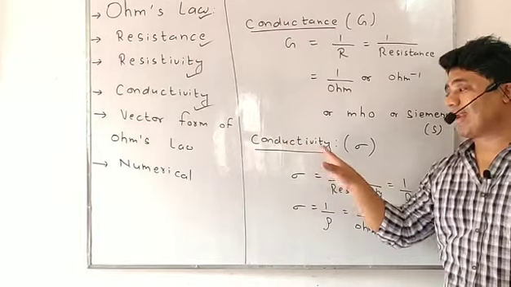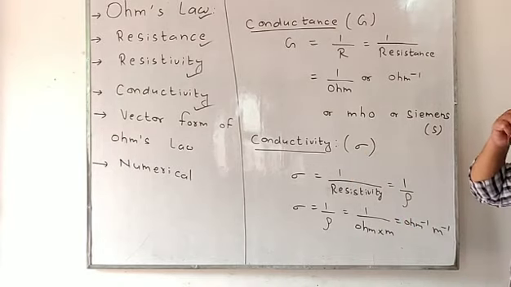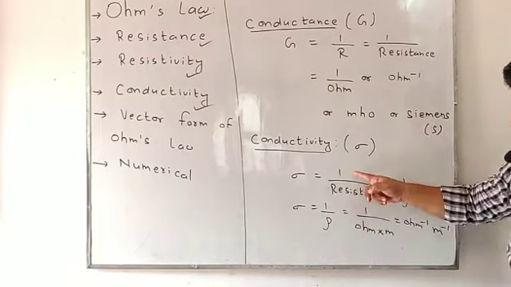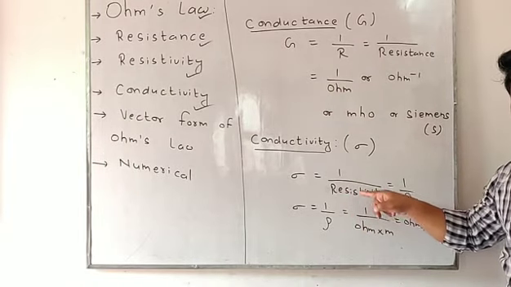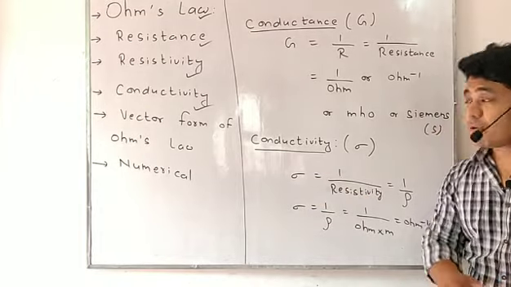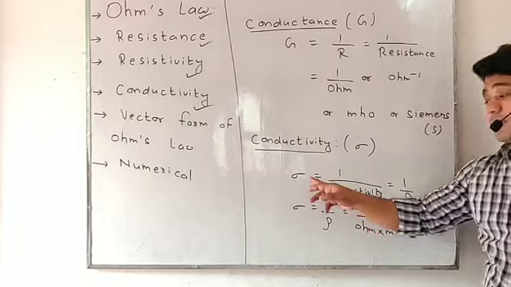On the other hand, conductivity is represented by the symbol sigma. Look students, the reciprocal of resistance is called conductance, but the reciprocal of resistivity, or specific resistance, is said to be conductivity. 1 by R is G, but 1 by rho is sigma.